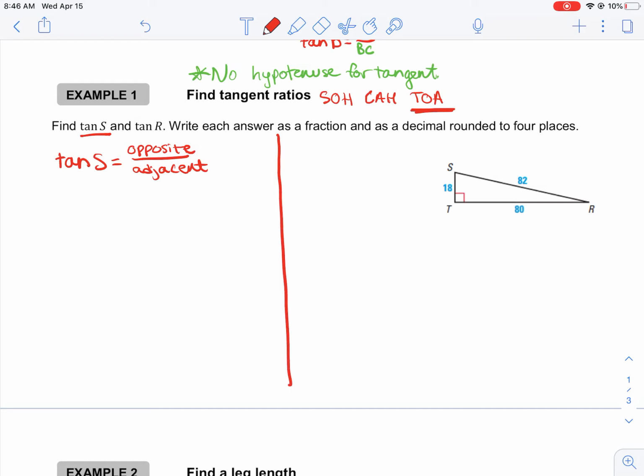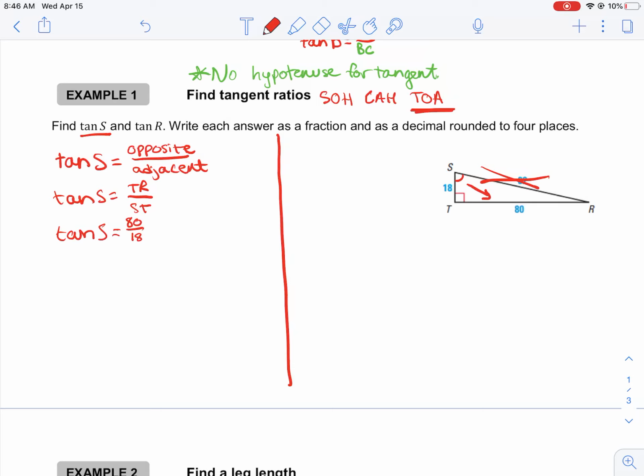So tangent of S, I'm looking at S. Opposite S would be TR. Tangent of S equals TR over adjacent to S. Remember, we don't use the hypotenuse at all. So adjacent to S would be ST. If I fill in those values, we have tangent of S equals TR is 80 over 18.